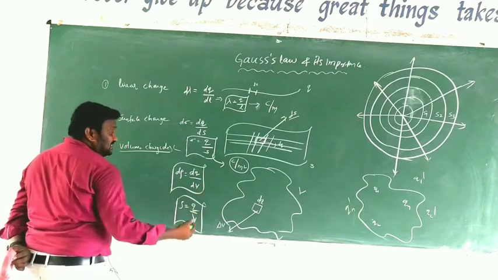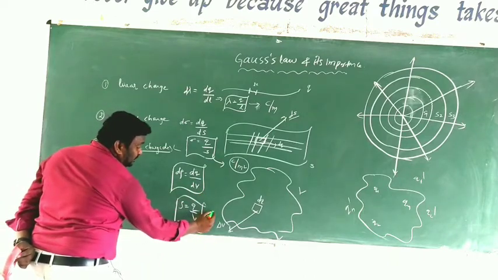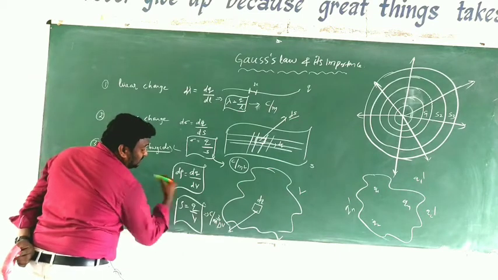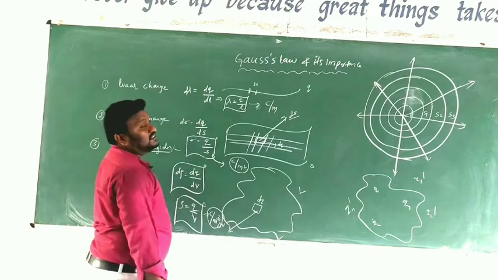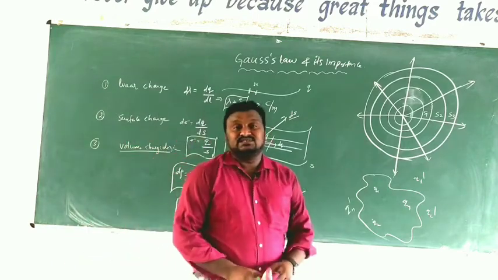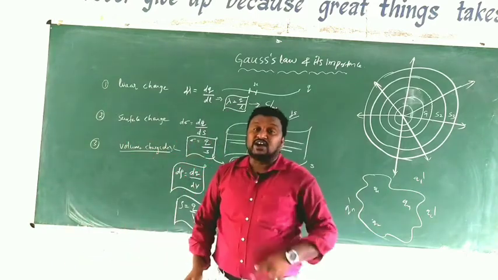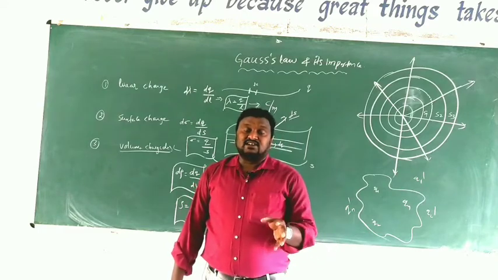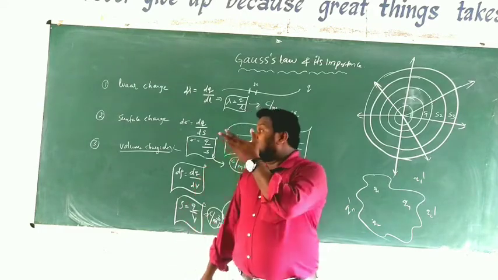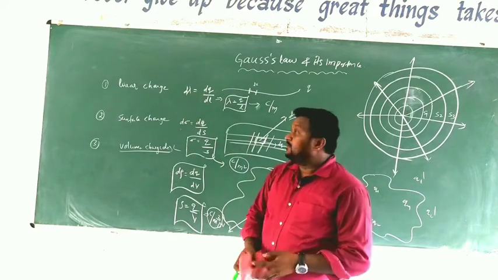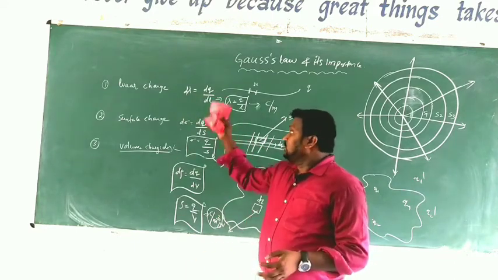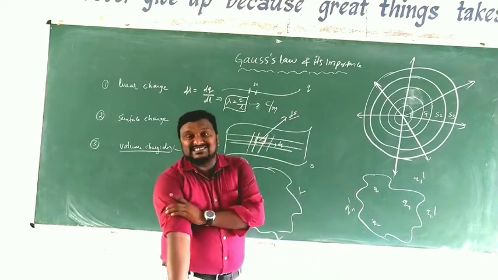And q is charge. Then you get coulomb per meter cube. So these are the units for linear charge density, surface charge density, and volume charge density. The charge distributed on a conductor should be explained in these terms. Clear?